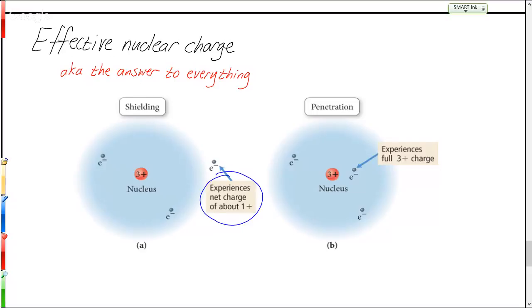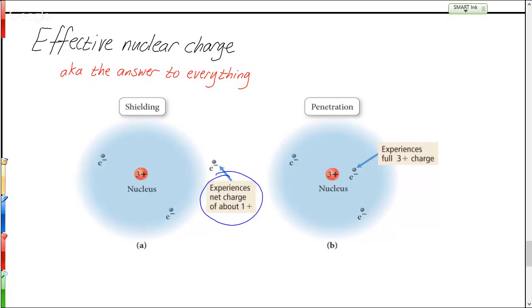But that electron that's outside those other two only really experiences a charge of about +1. Because we could say one of those charges is used up with one of those internal electrons and the other one's used up with the other internal electron. So the one on the outside is only feeling one of those three positive charges. That's a little bit simplistic way of thinking about it, but it actually works. So the effective nuclear charge for that particular electron is 1.